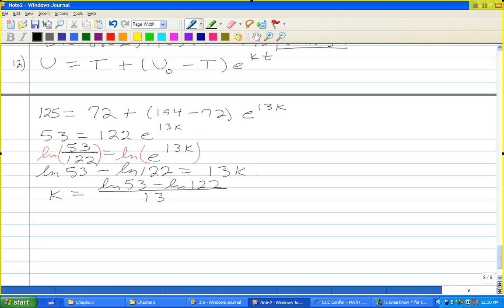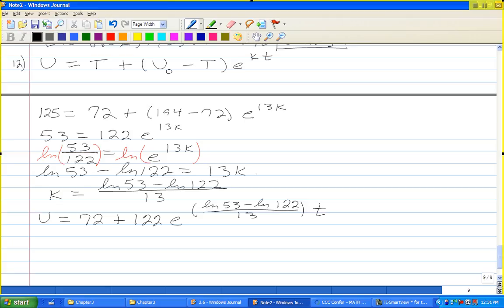Okay, so you have that u is equal to T plus u0 minus T, that's always going to be the same, e to the (ln 53 minus ln 122 over 13) t.